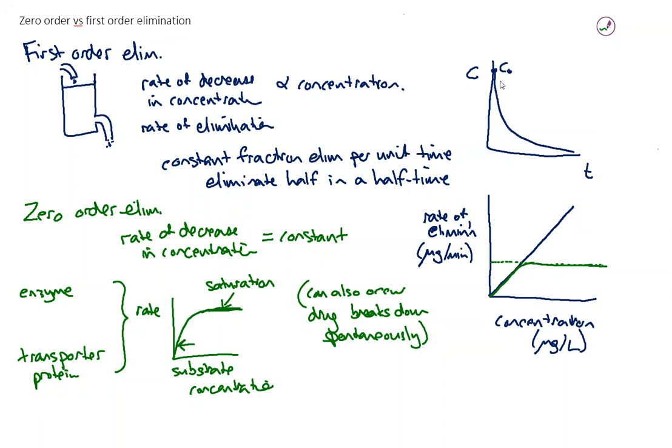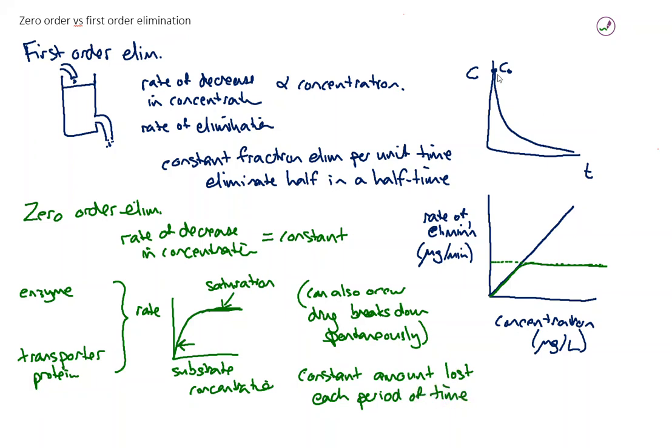So let's think about what this graph at the top would look like then. If you're decreasing at a constant rate, a constant amount each time, so we're losing a constant amount rather than a constant fraction, a constant amount is lost each period of time.